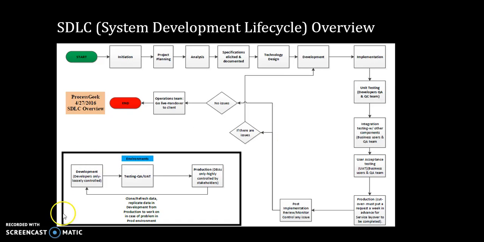If you look at the bottom left-hand corner of this slide, it will show you the 3 different environments, typically in the IT realm, where work is being done. After the requirements have been gathered, you will be going into the development phase. The developers will create based on the specs that the analysts have presented. And then you go into testing, which can come in 3 modes, as we see here: unit testing, integration testing, and user acceptance testing, or UAT.